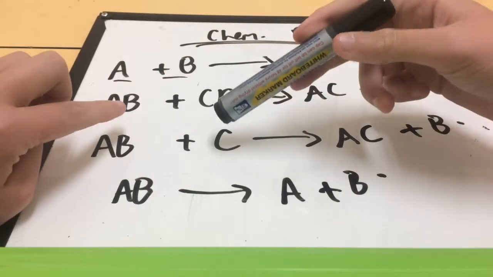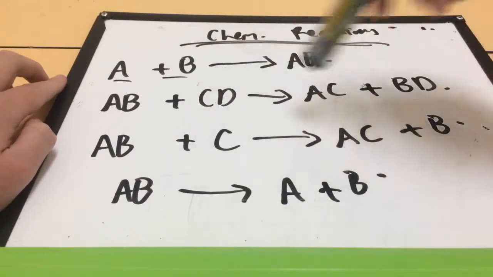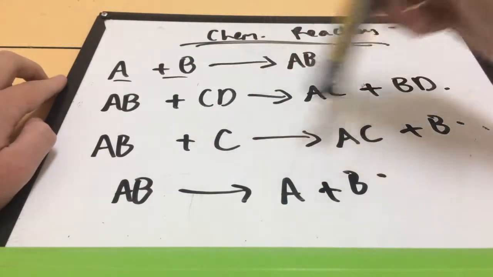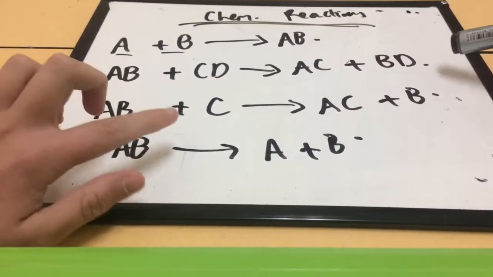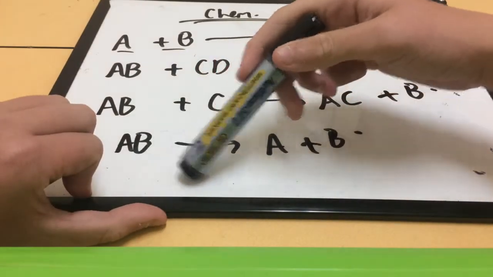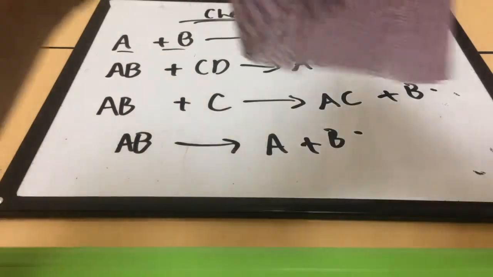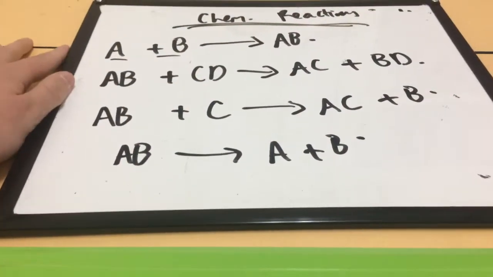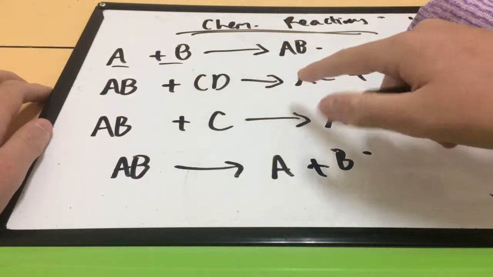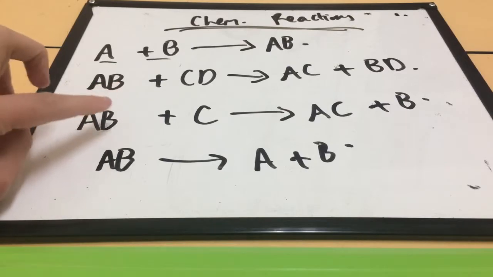AB plus CD replaces them, so AB becomes AC and CD becomes BD, so you flip some of them. Then you've got ABC, which is going to become ACB. And then decomposition, where AB becomes A plus B. Just assume these ABs are like compound names or atom names. So we use chemical compounds to explain this. These are our different types of reactions.